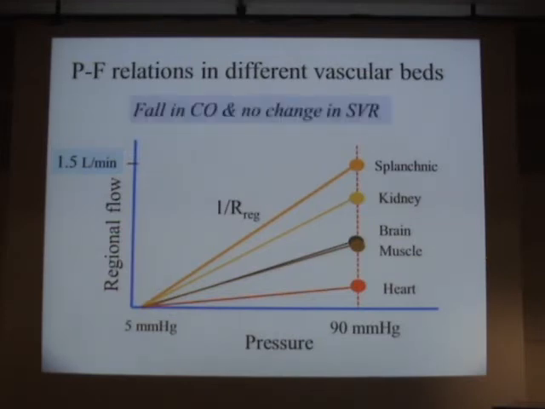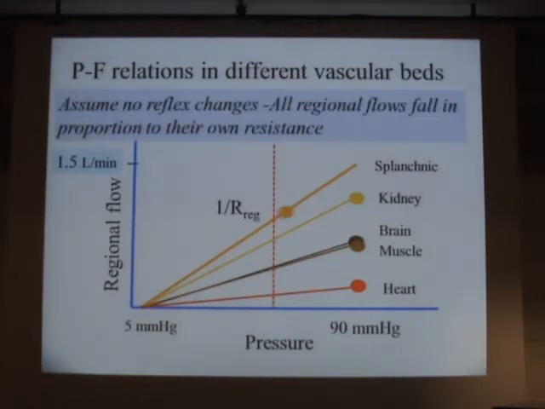Now, if I had a fall in cardiac output and no change in resistance, so reflexes didn't kick in, this is a thought process, this line moves over here and drops, let's say, about 50 or 60. And all these regional flows, of course, will go down because that's the perfusion pressure. So they will all fall.